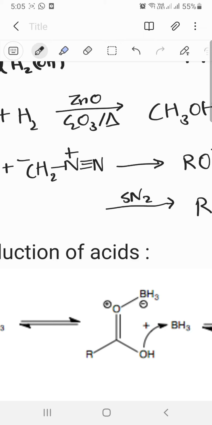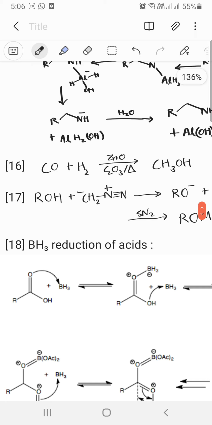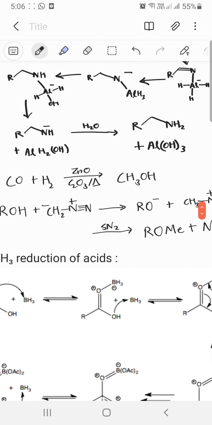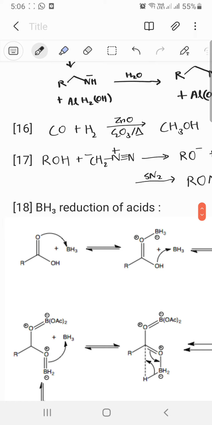Is it not? Anyway, carbon monoxide plus H2 just gives CH3OH. That's not a problem. But why is this C2O3 molecule involved over there? Or is this supposed to be something like Cr2O3? Maybe it was Cr2O3, who knows?